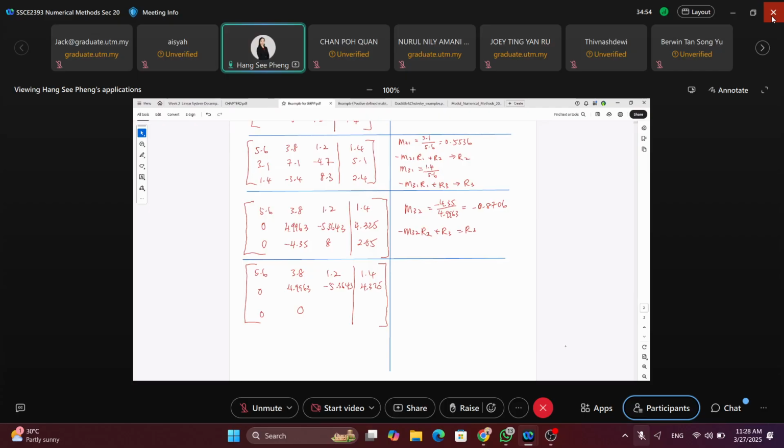You should get 0 or approximately 0. Sometimes you may get something like 0.0001. Just round it to 0, because of the rounding errors. Next, update the values here using these operations. Put in R2, put in R3, so we get a new R3. And this one also.